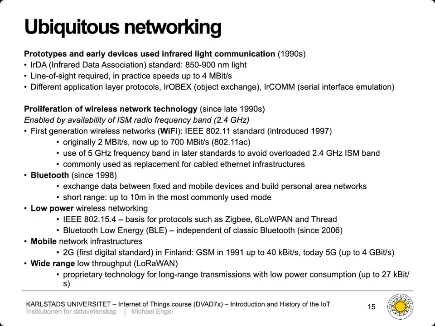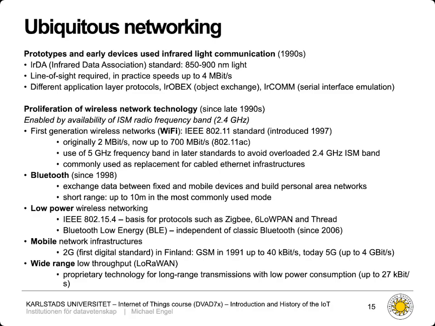So Wi-Fi originally was relatively slow for our expectations today. So it ran at 2 megabits per second, but compared to what you could actually achieve with infrared, this was quite fast. And of course, you didn't need line of sight, and you could go much further away from the base station. So it could be in the next room or on the next floor.